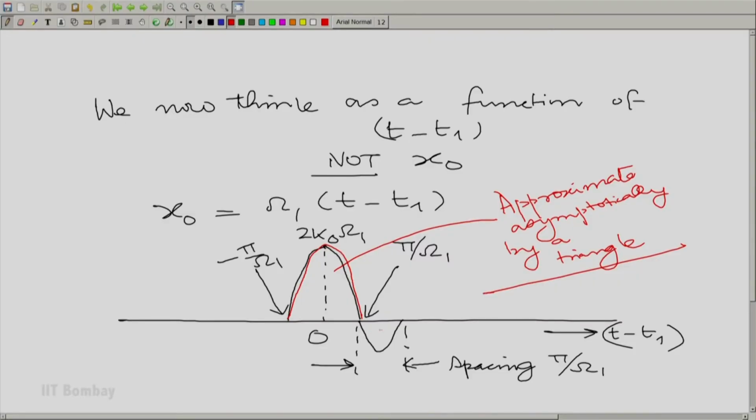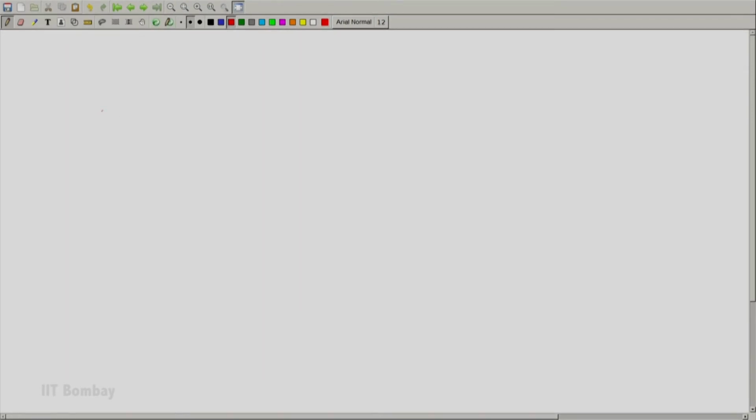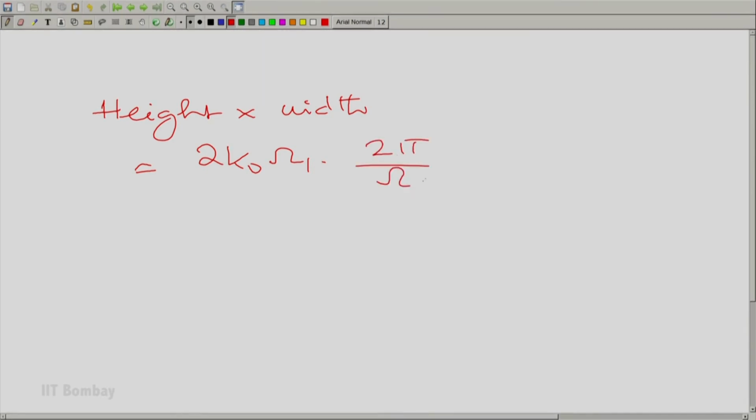So this side lobe, and then this side lobe, and similarly all these side lobes here, all these are smaller triangles. And essentially what we have is that the height multiplied by the width, which is approximately 2 kappa 0 omega 1 multiplied by 2 pi divided by omega 1, starts approaching a constant for the main lobe.